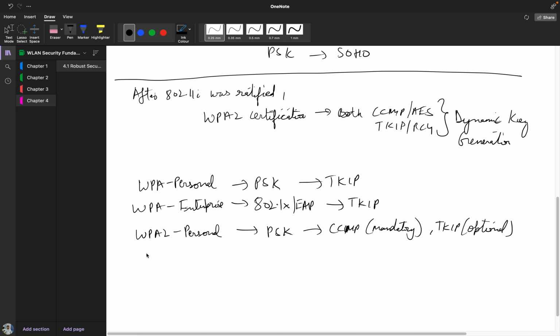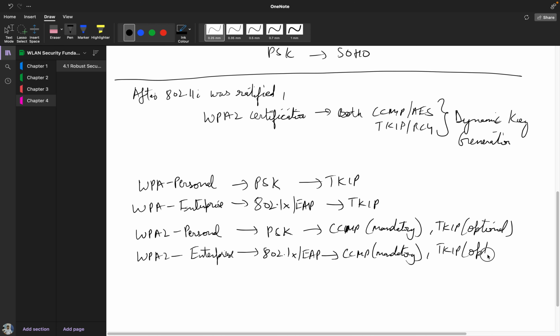Similarly, WPA2 Enterprise supports 802.1x or EAP, but again uses CCMP as mandatory and TKIP as the optional method, right?